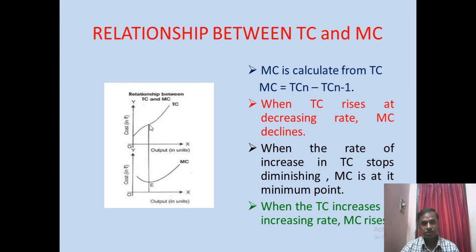Up to this place the TC increases at decreasing rate, then afterwards the MC increases at increasing rate. When the TC stops diminishing at this point, the MC will be at its minimum point. And when the TC increases at increasing rate, the MC will also be increasing. These are all the relationships between TC and MC.